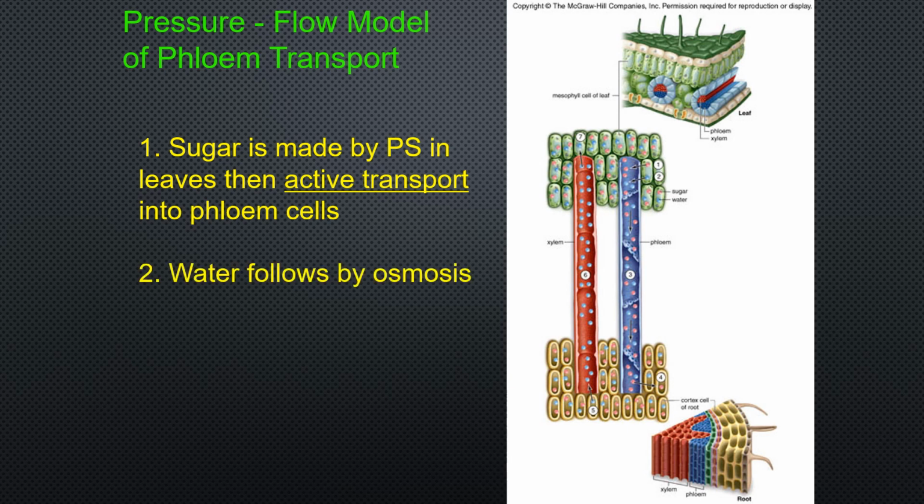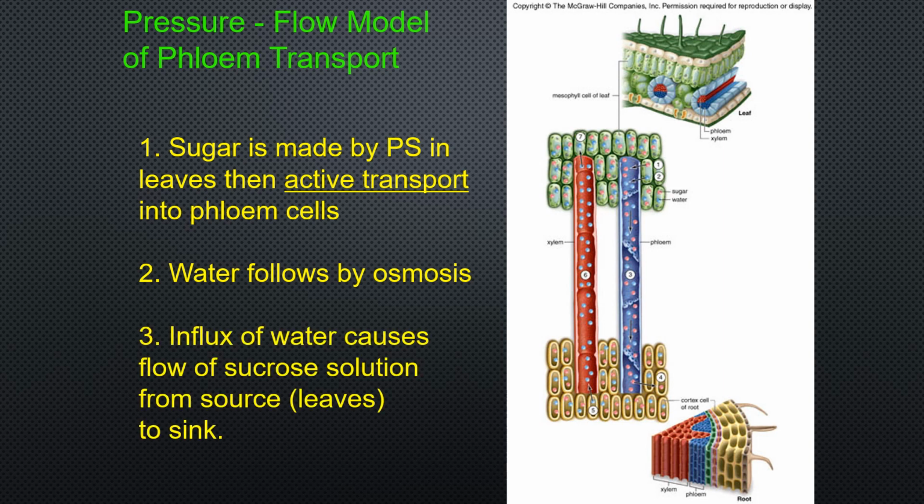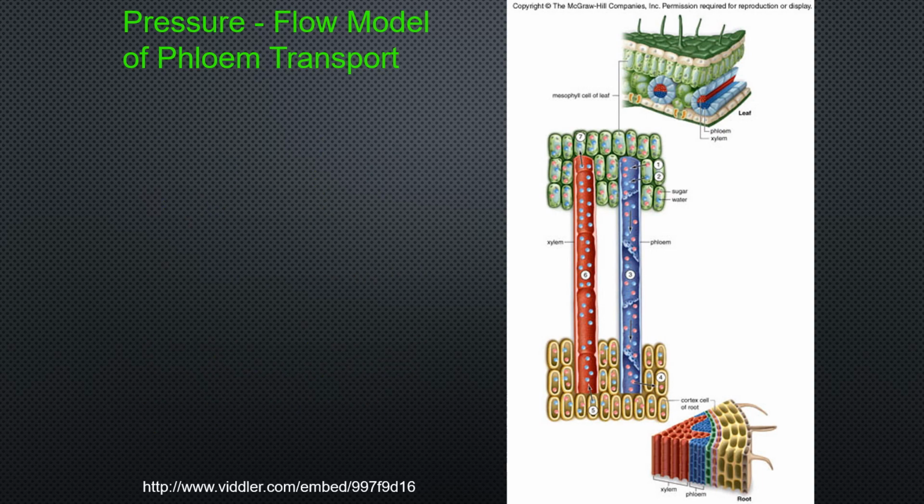Once you have a concentration of sugars, then water flows in naturally by osmosis. And that influx of water causes the flow of those sugars to go from the source to the sink. We always follow concentration gradients, basically from high concentration to low concentration.